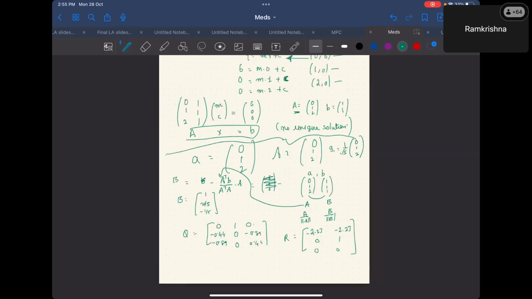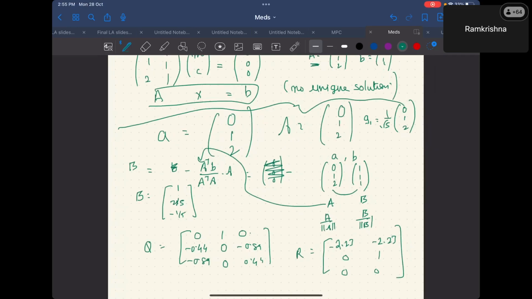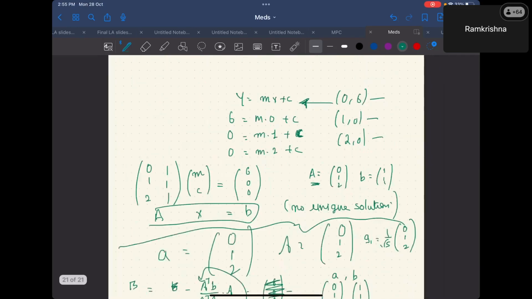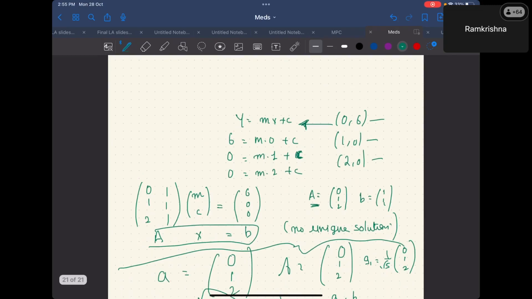The same one: just try to solve the same problem of fitting these 3 points to a straight line via the QR decomposition. Okay, and next time we'll slowly get into optimization and related topics.